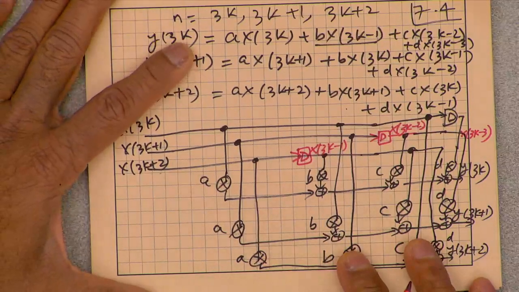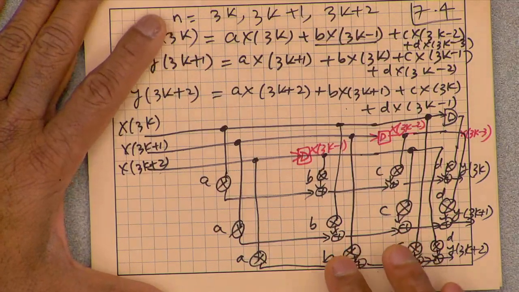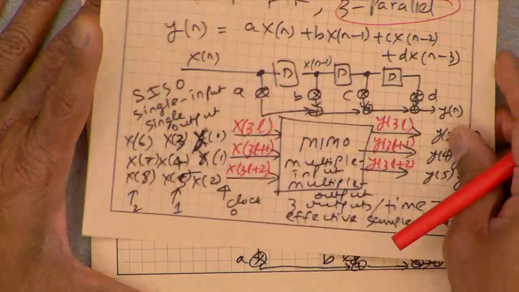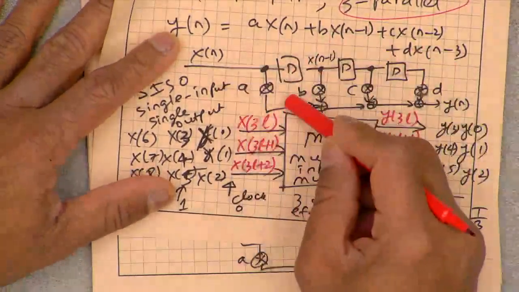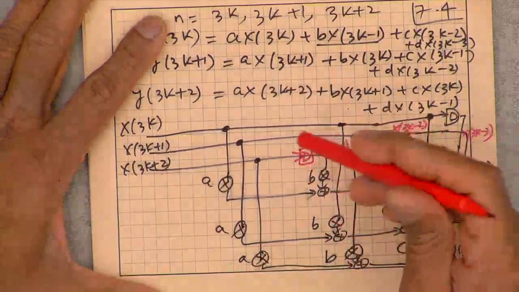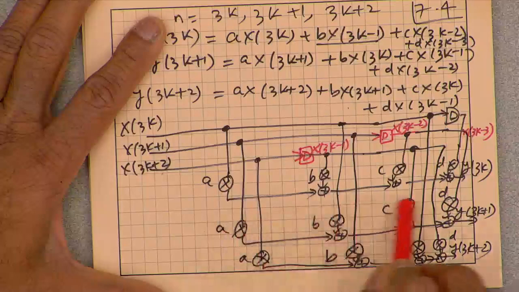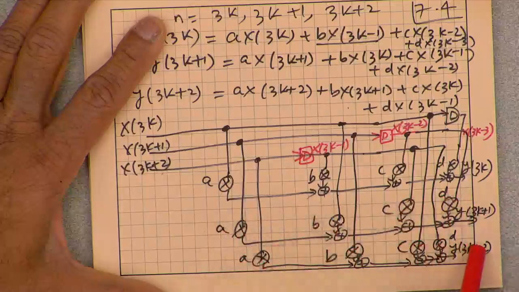So if you think about what we have really done, if you think about this as one data path, I have replicated the data path 3 times. So you can think about this as one data path, another data path, and a third data path.